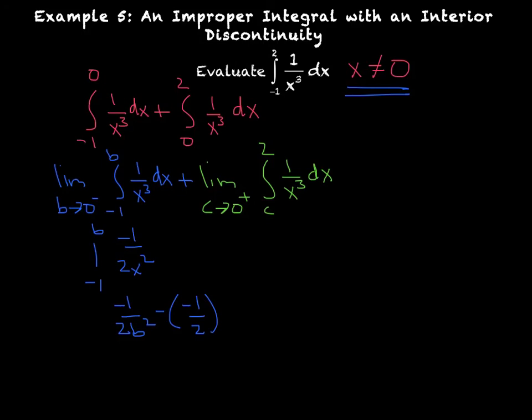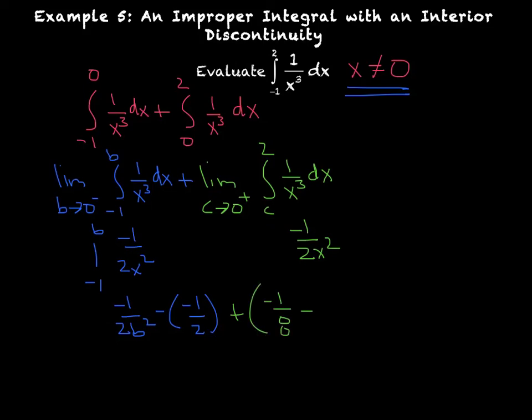And then the second integral, we're going to plug in 2. Okay, so actually, let's just remind ourselves that integral is going to be -1 over 2x squared. So we're going to plug in 2, and we're going to get -1/8. All right, so that's going to be -1/8.